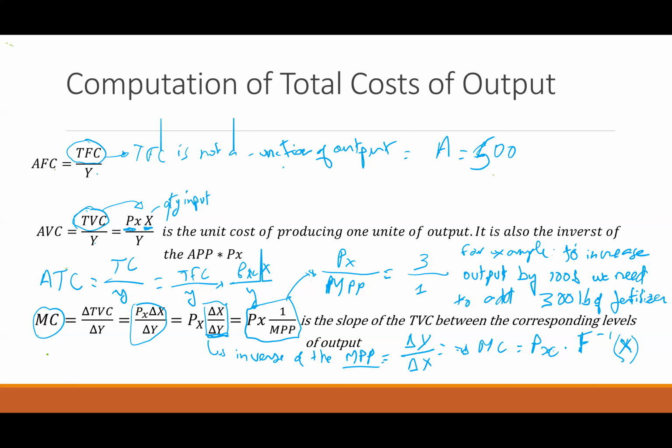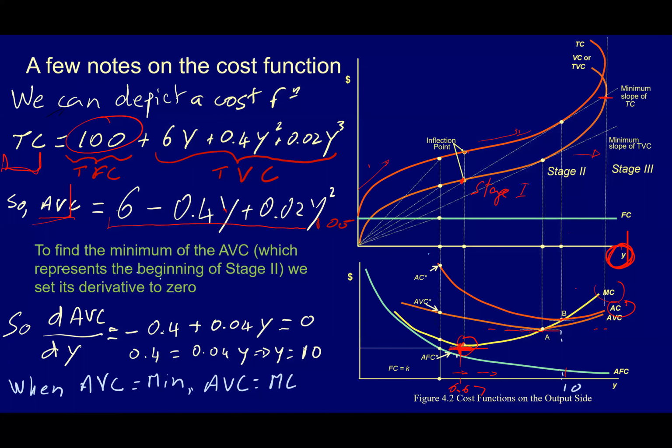So that is what the marginal cost tells us. You see that, right? 1 unit requires how many units of input? So this is the shape of the total cost.